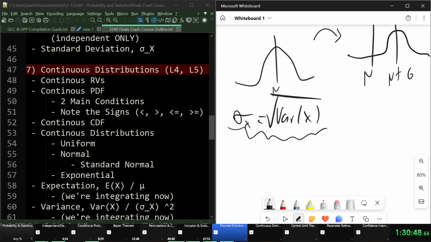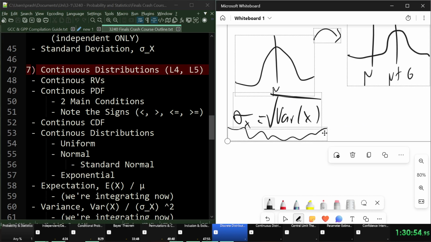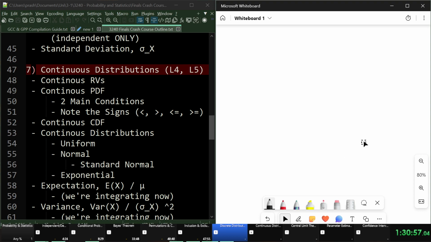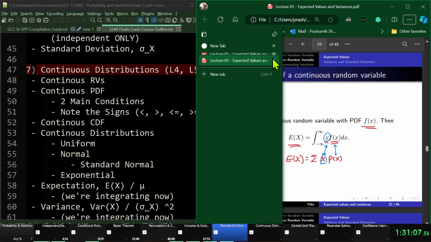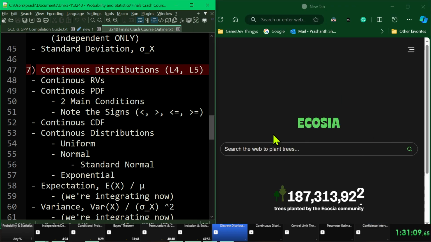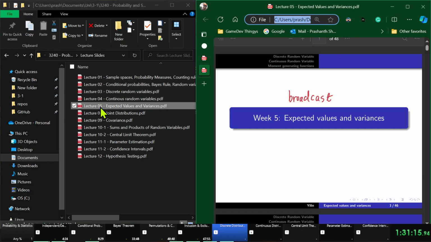Okay. Next up, continuous distributions. Let me just remove all this. Continuous distributions is not this, not this, not this, but instead we've got this and this.